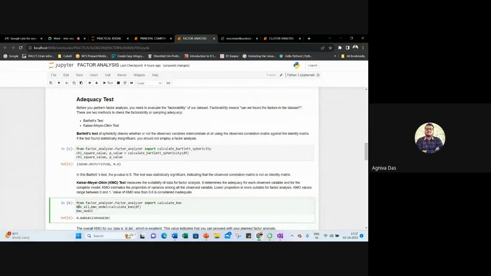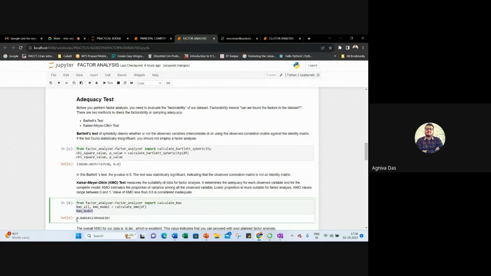After this, when we do calculate_kmo of df, it also spits out two values. One is the KMO of all the individual variables, and the other is the KMO for the entire model or the entire data set. Here we are looking at the KMO only of the individual variables.